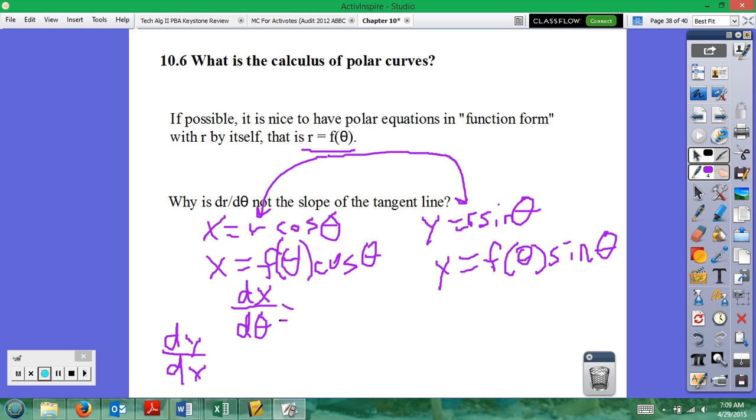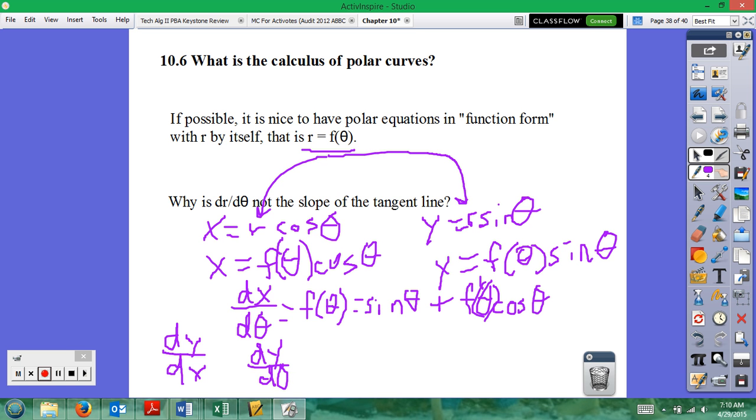Now I can find dx d theta using the product rule. It would be the first, f of theta, times the derivative of the second, negative sine theta, plus the second, cosine theta, times the derivative of the first, f prime theta. I can also find dy d theta, again using the product rule.